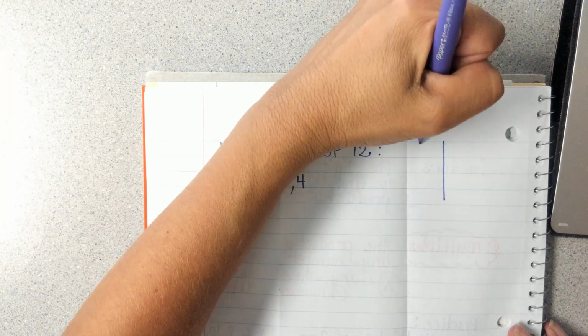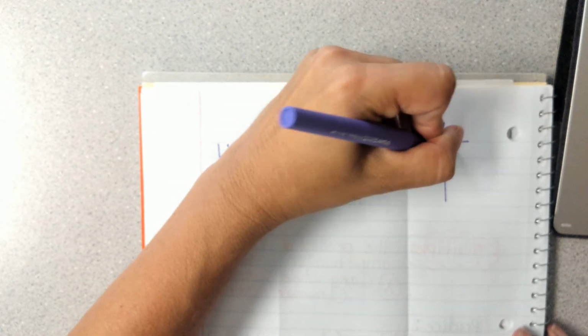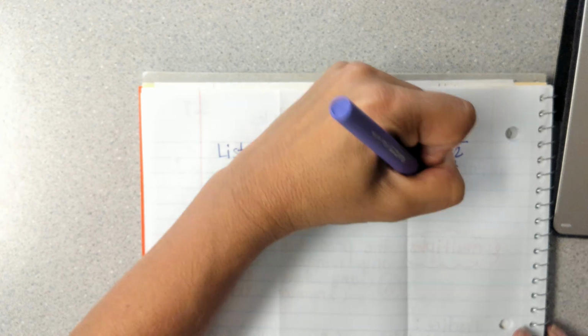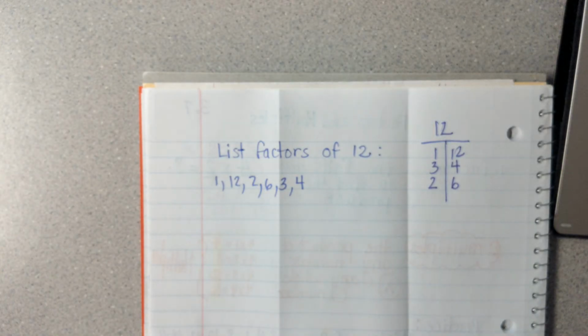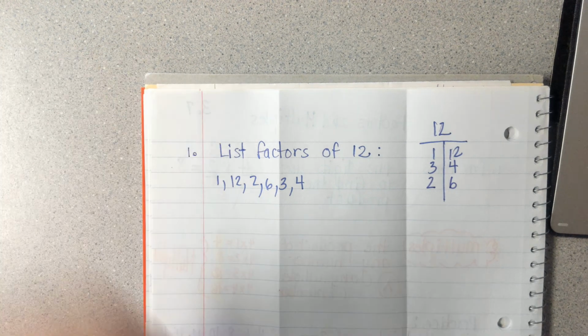I can do it also by decomposing the number into its parts. 1 and 12, 3 and 4, oops, I went out of order, 2 and 6. So I listed the factors of 12.